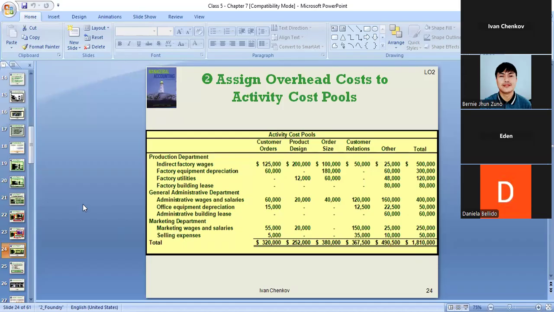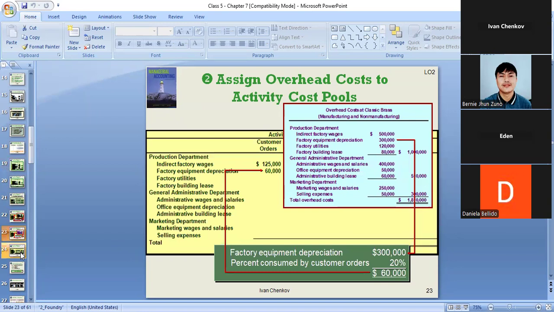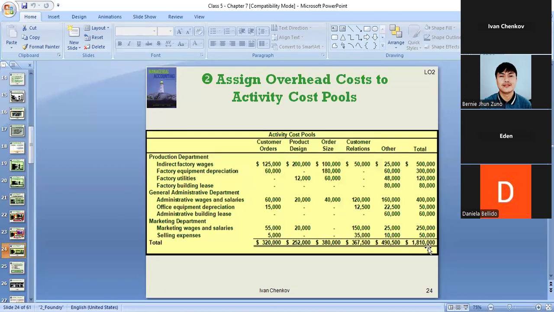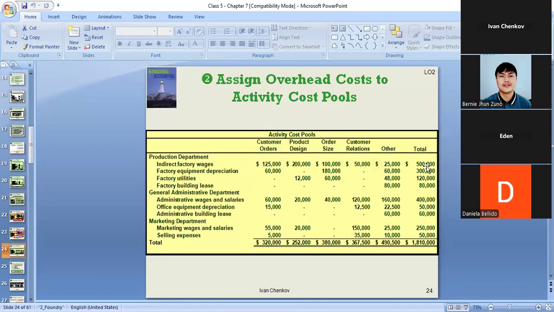Now, what's interesting in this chart is the total is exactly this total of starting point, $1,810,000. $1,810,000 is the total of this chart. Again, the totals are exactly the totals that we have on this report. However, now those totals are allocated by the activity.